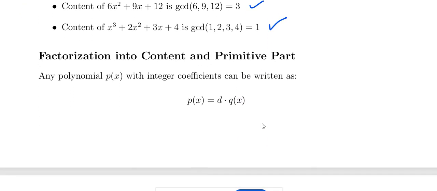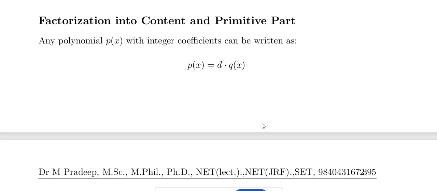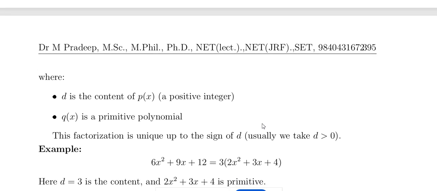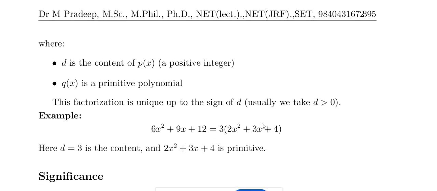Okay, so இதெல்லாம் கேட்கலாம். So, factorization into the content and primitive part. D is the content of the polynomial P of X, that is a positive integer, and Q of X is the primitive polynomial.